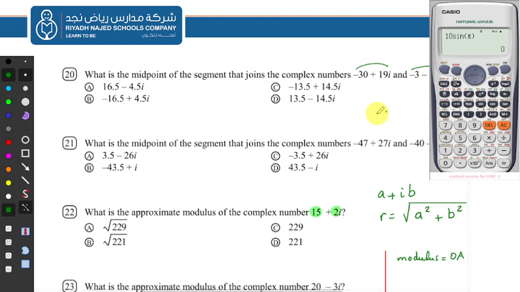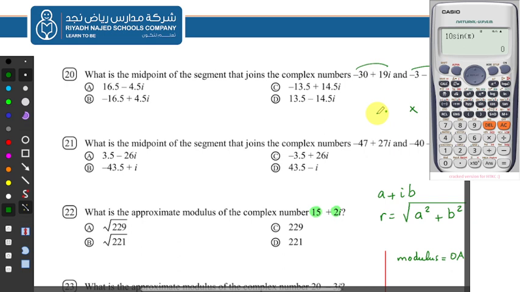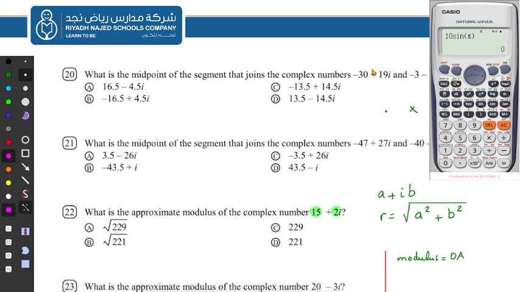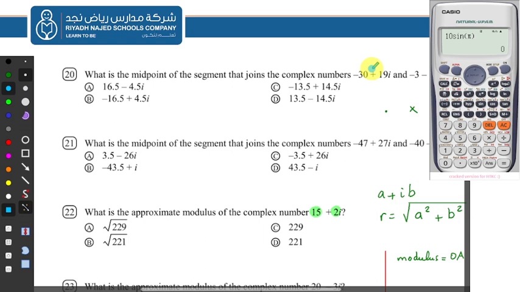To find the coordinates of the midpoint, you just add the first parts and divide by 2. That means negative 30 minus 3, add them and divide by 2. So negative 30 added to negative 3, divide by 2. And then the second, the imaginary parts, you do the same. 19 added to the imaginary part of the second complex number, which is negative 10.